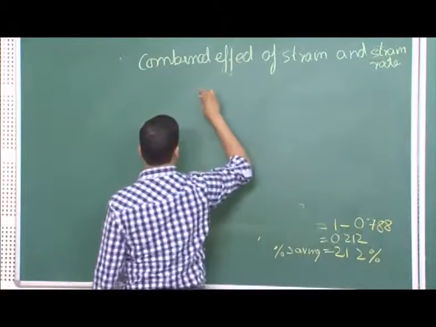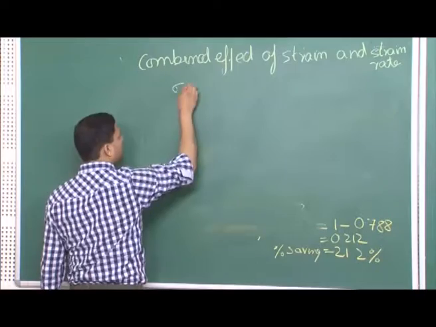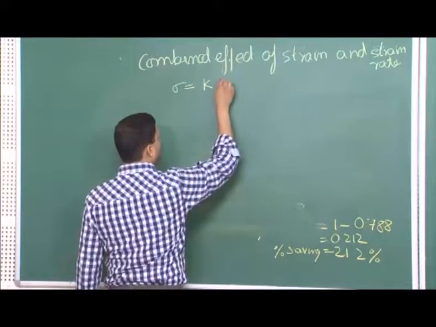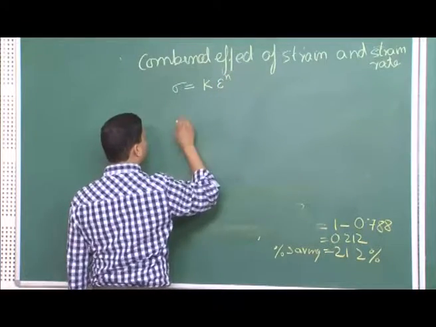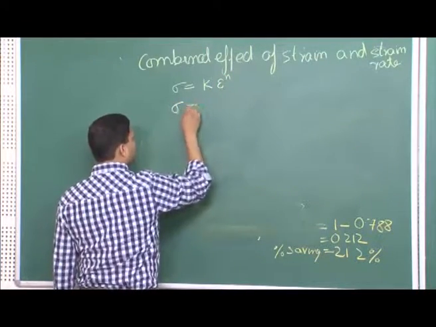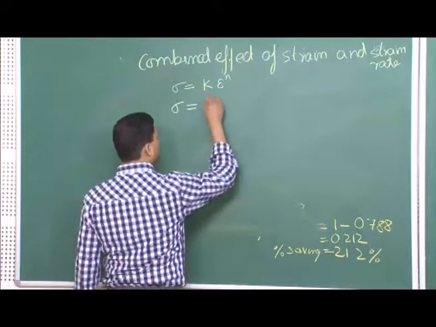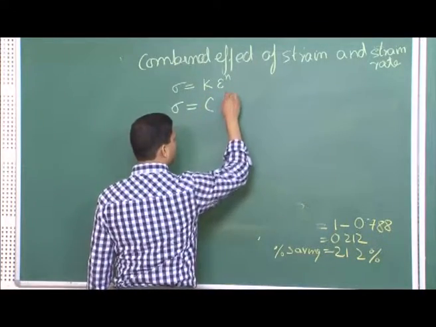So, we saw that if you had only the effect of strain, meaning the strain rate was kept constant, then we get a power law kind of equation which is written like this, and when you have only strain rate that is influencing, meaning strain is kept constant, then we used an equation like this.